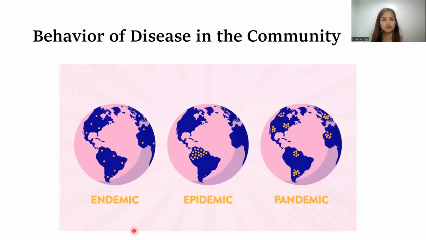So in the endemic, you have the diseases in low frequencies in their respective localized areas. And then for epidemic, you have an increase in the number of cases. And for pandemic, you have spread to different countries and continents.